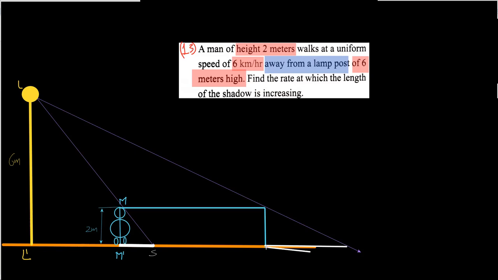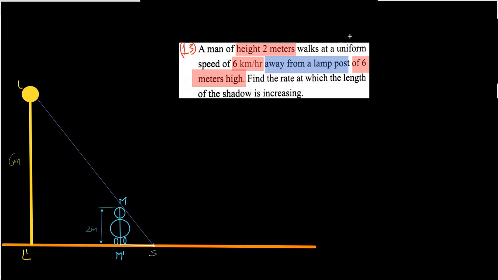The same has become this big. So as the man is going away from the lamppost, what you have to do is get the rate at which the shadow of the man is increasing.